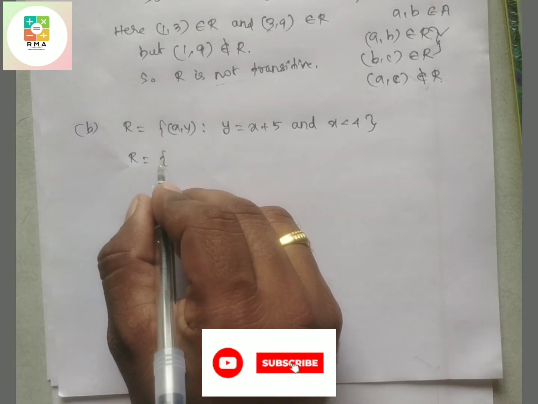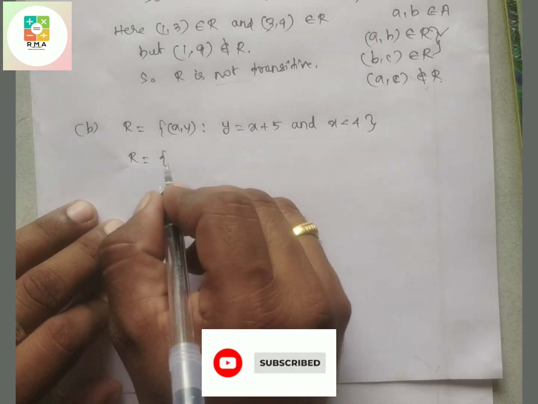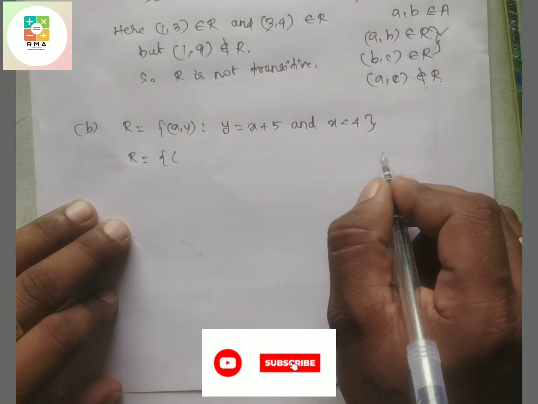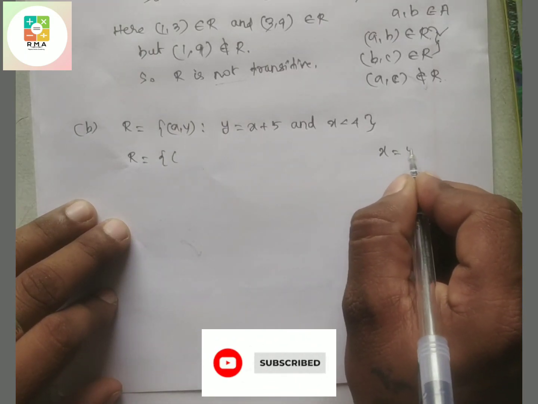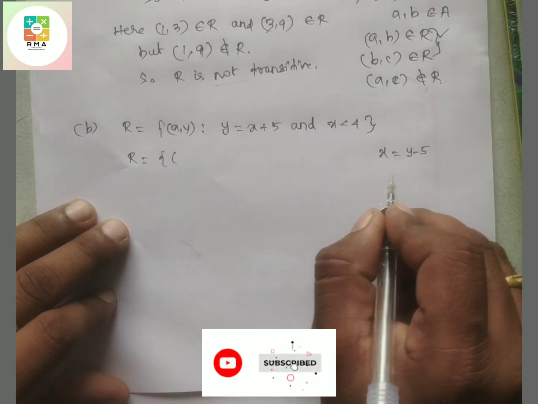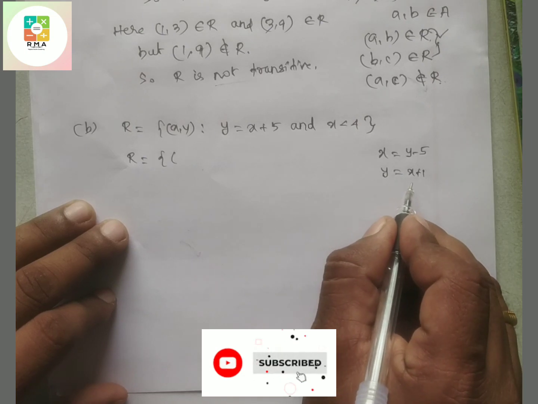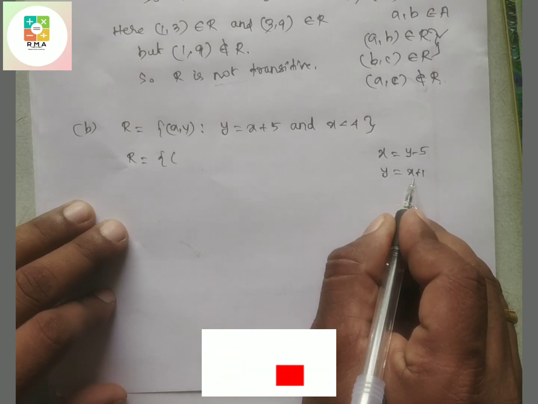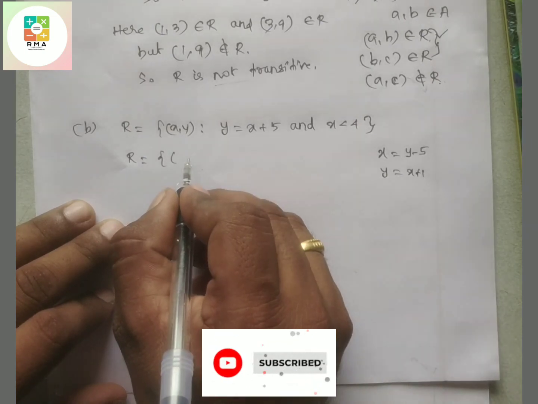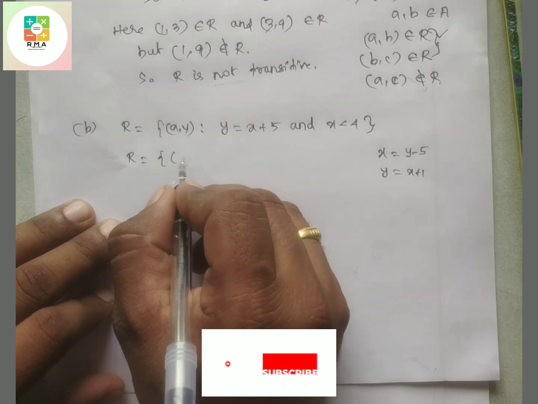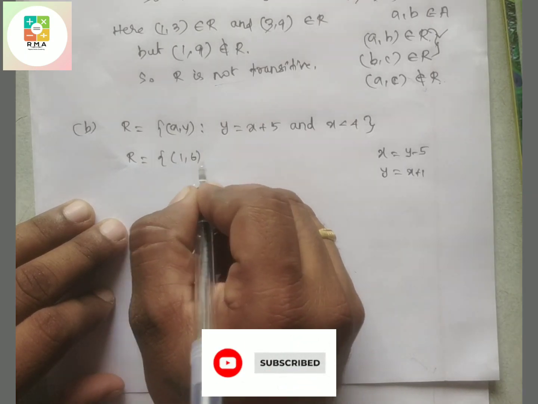The given equation is x equals y minus 5, or I can take y equals x plus 5. If I substitute x equal to 1, what is the value of y? If x equals 1, then y equals 6, so (1, 6).